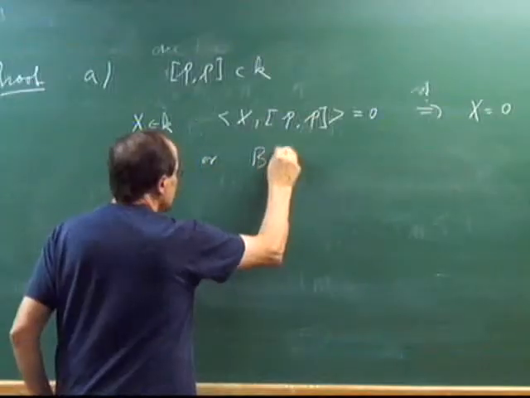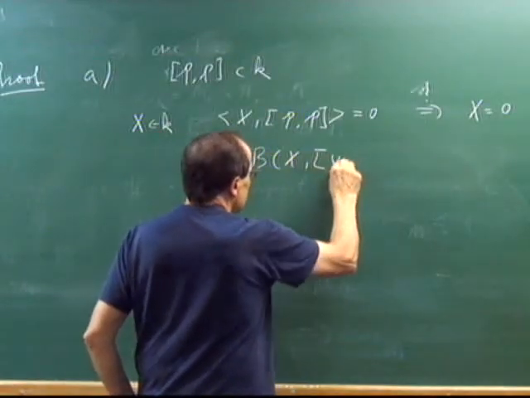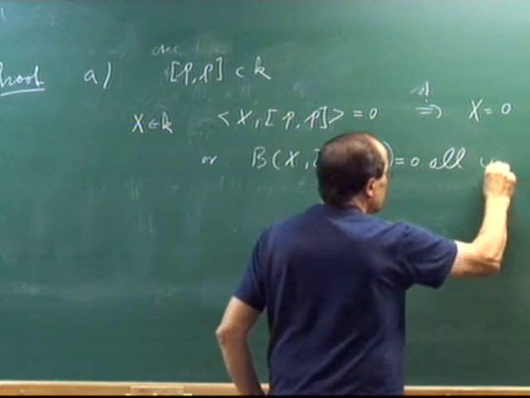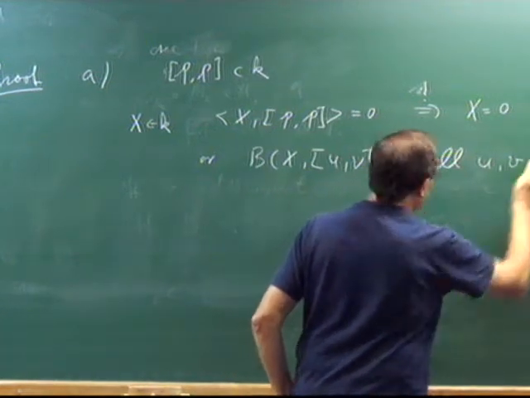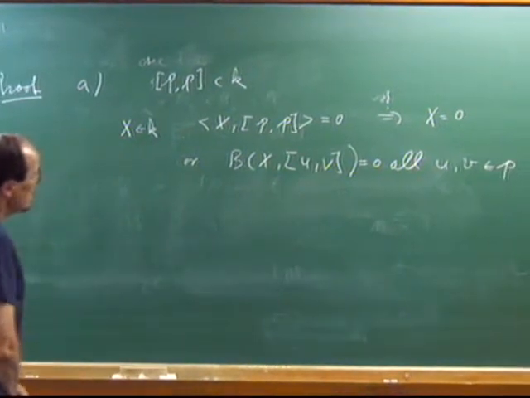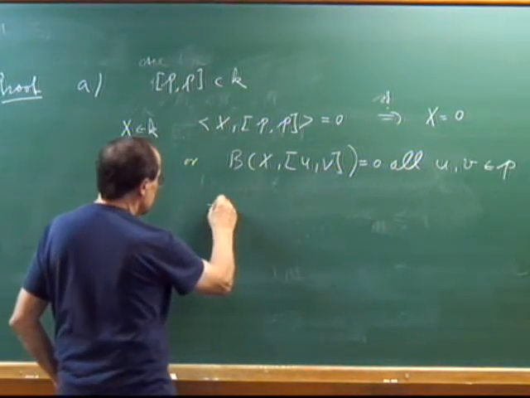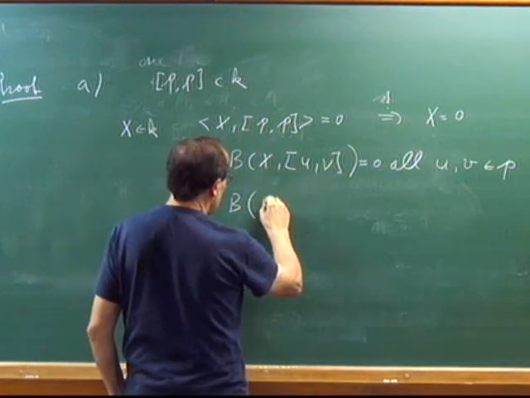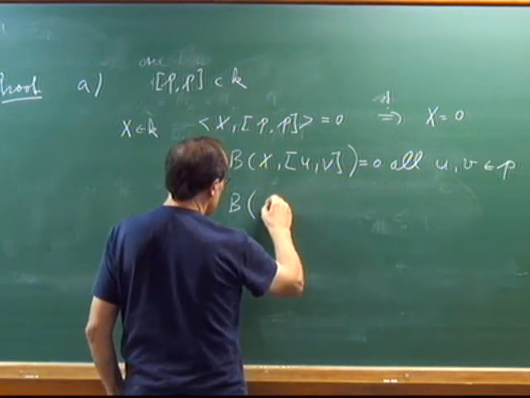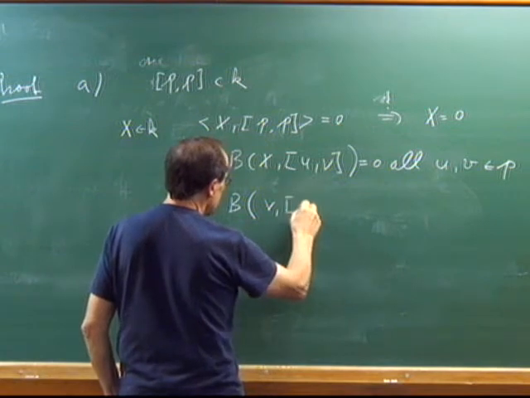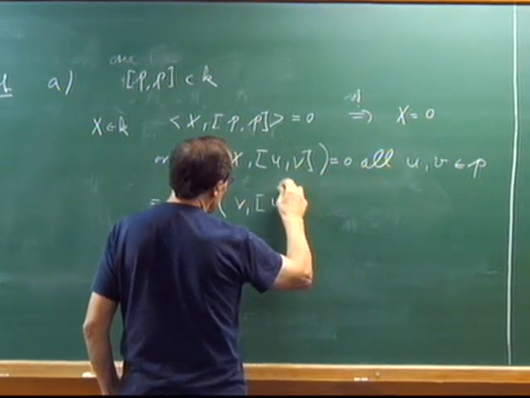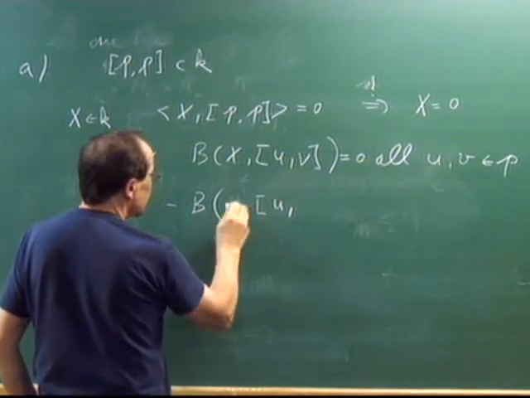Or B(x, [u, v]) equals 0 for all u, v in P. So then, as usual, I can use the skew symmetry of the Killing form. Let's say we interchange u and x and v. Doesn't matter. Now let me interchange u and x.